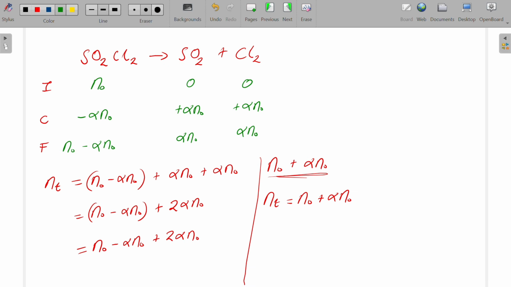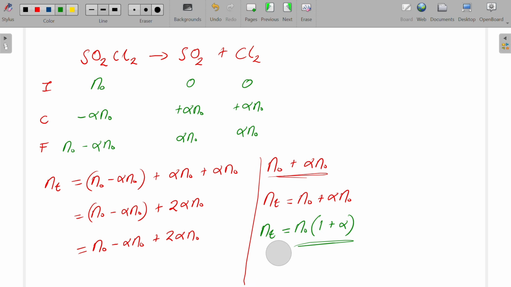When we do that, our n total is equal to n initial factored out, then we'll have 1 there added to, on the other side, alpha. So this is what we have as our total number of moles at the final stage.